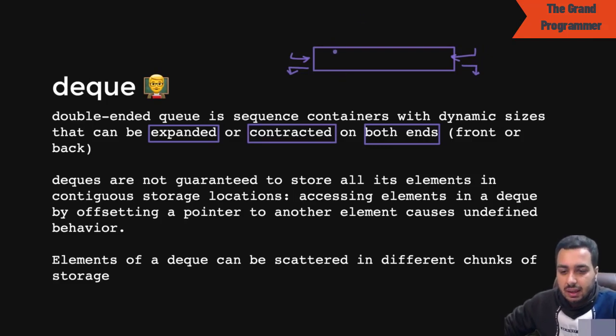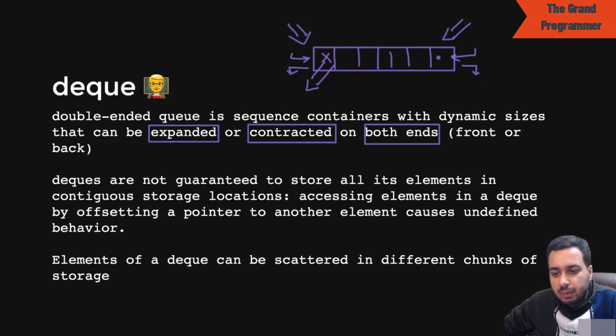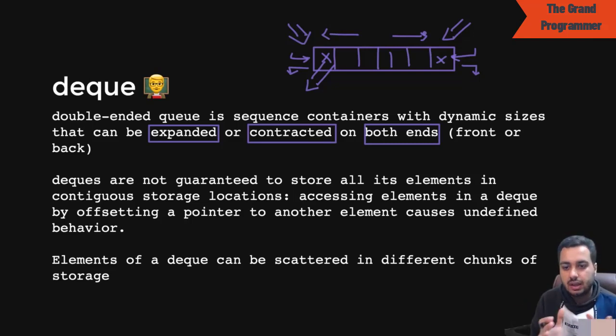When you have a problem in which you want to implement a sliding window kind of algorithm, where you're adding data from one end and removing from the other, or adding and removing on both ends, maybe a window which can expand and contract on both sides, in that case you might use this kind of data structure, which we call Deque.